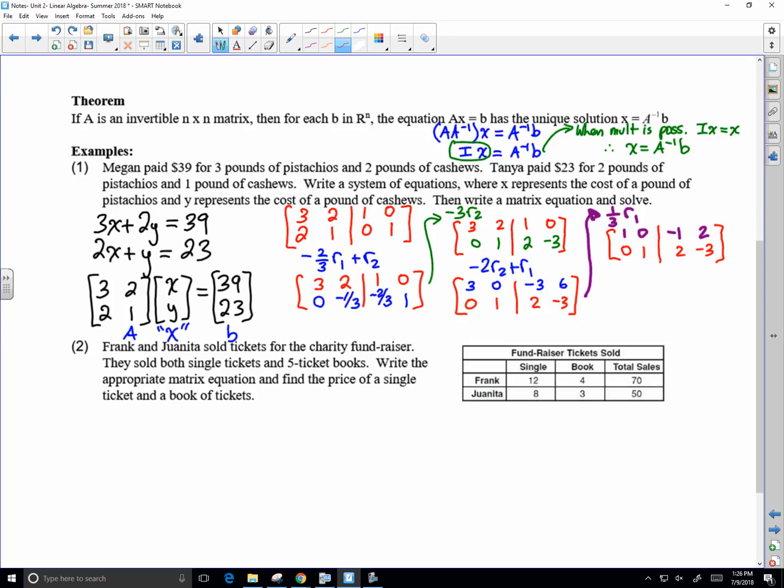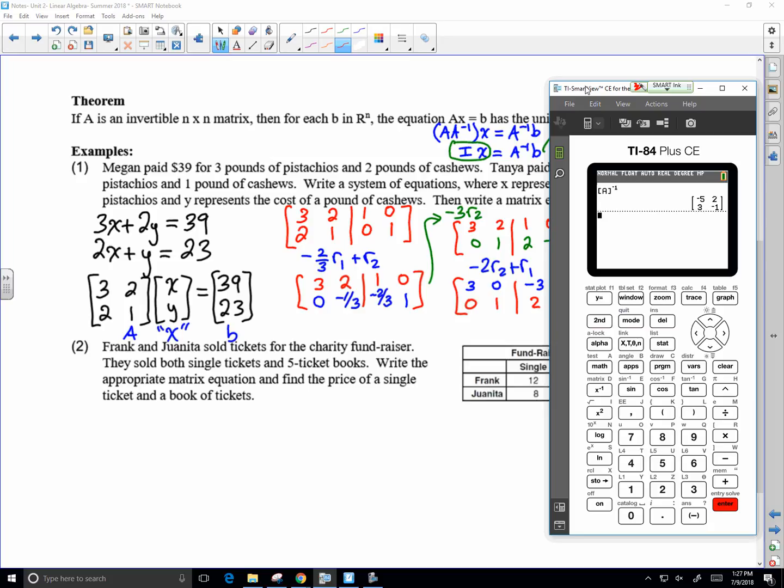And so we have our inverse, I'll double check, just 3, 2, 2, 1.